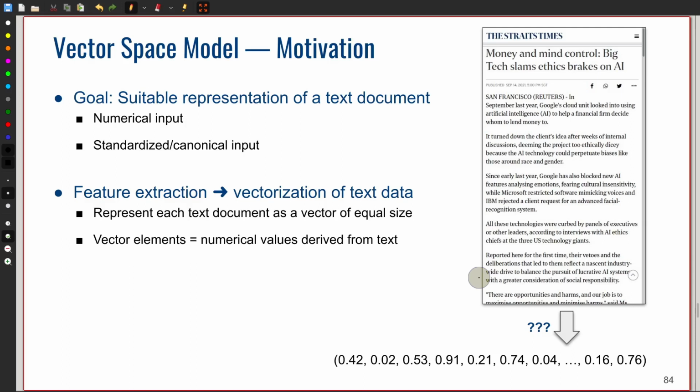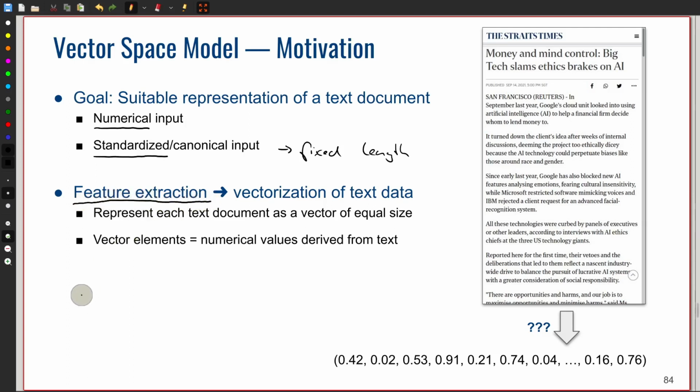So what we need is some suitable representation of a text document that converts text of arbitrary length into some kind of representation that is both numerical and standardized, particularly again, fixed length. And this process to get there, meaning to convert our text document into some kind of suitable representation, is called feature extraction.